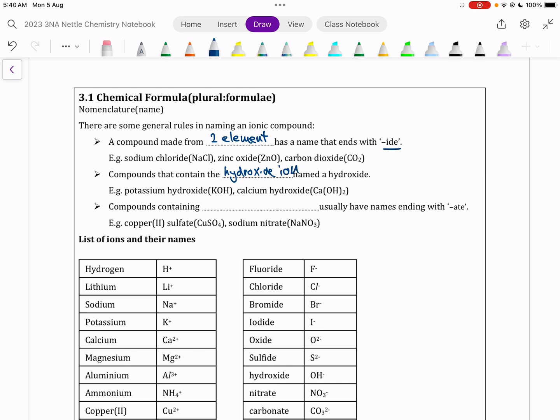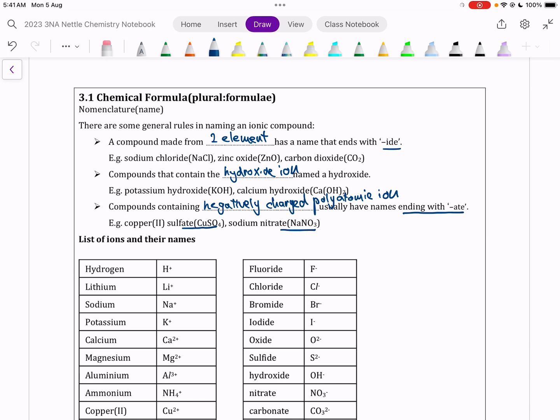Compounds that contain negatively charged polyatomic ions usually have names ending with IDE, for example sulfate, nitrate. Nothing too new, you have seen them in unit 5.